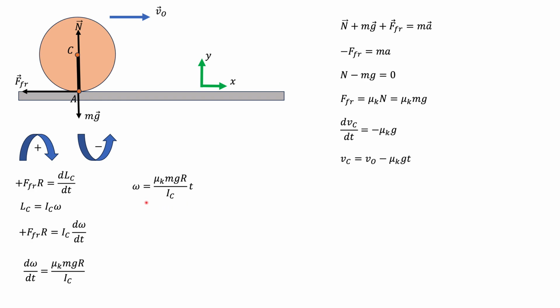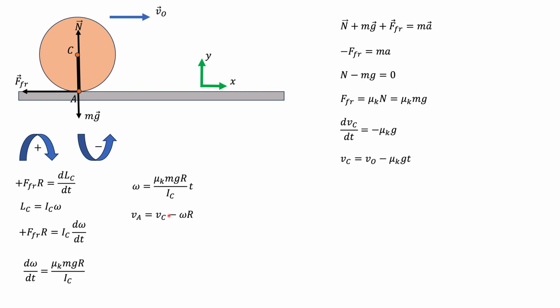So let's write the velocity of this object at the bottom point, at point A. The velocity of point A with respect to the ground equals the velocity of the center of mass plus the velocity of point A relative to the center of mass. Notice that there's a minus sign right here.